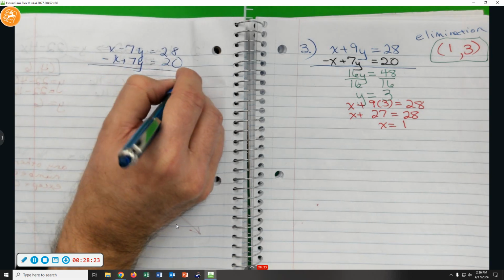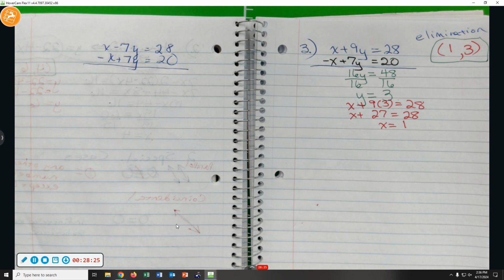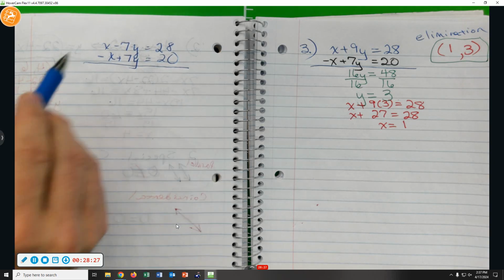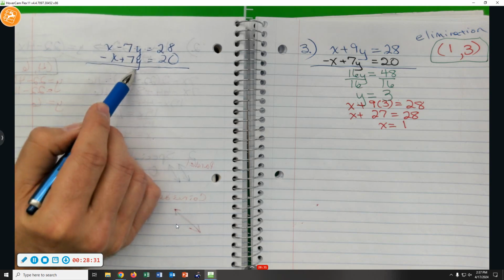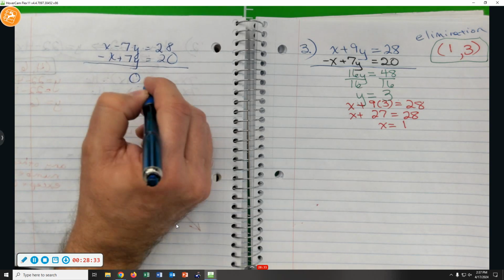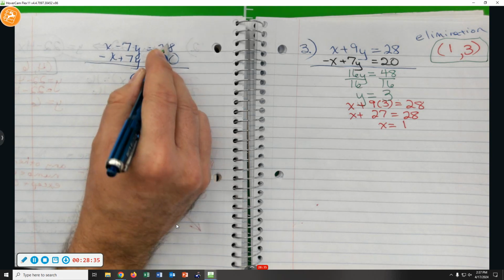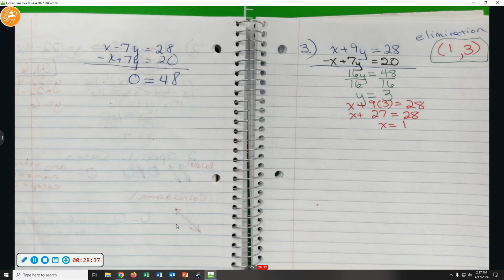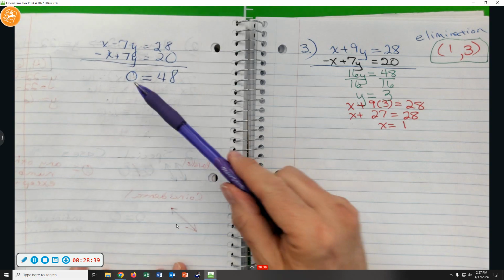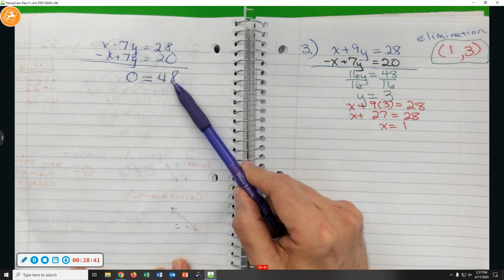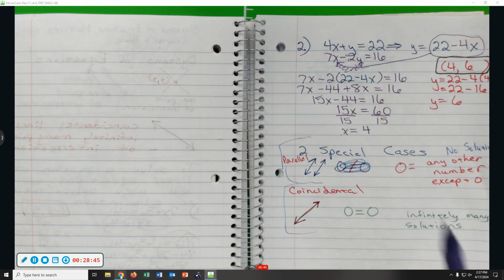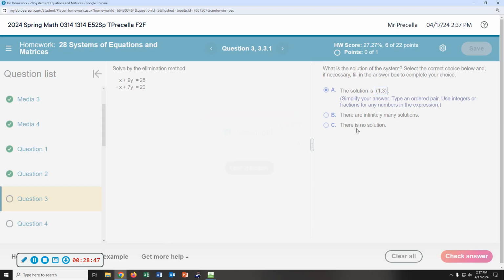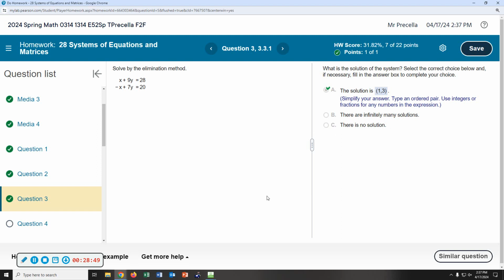What would happen right here if you added vertically? Yeah, the x is gone, the y is gone, so we have 0 equals 48. How often does 0 equal 48? Never. That means the lines never intersect. And you would choose parallel, there's no solution.